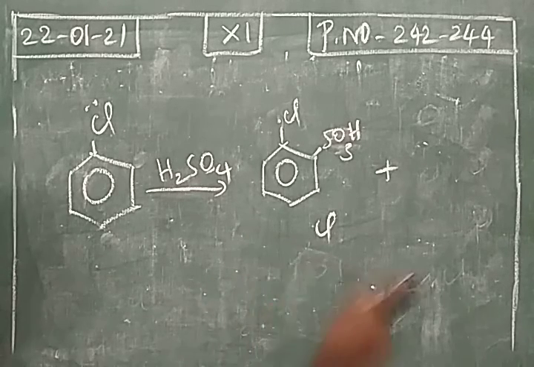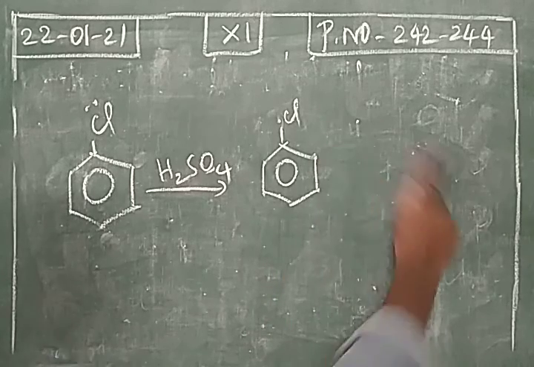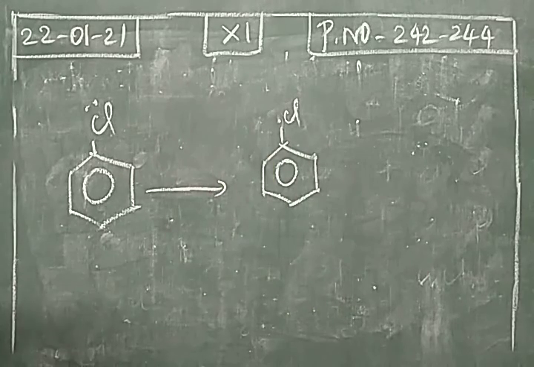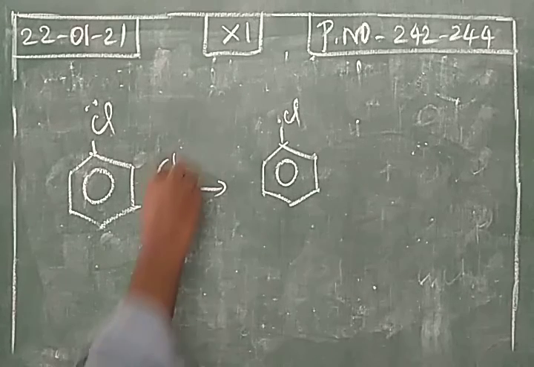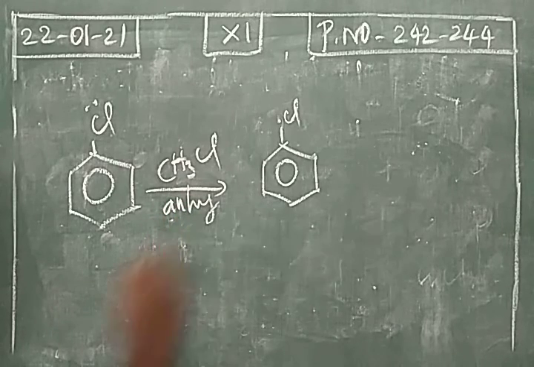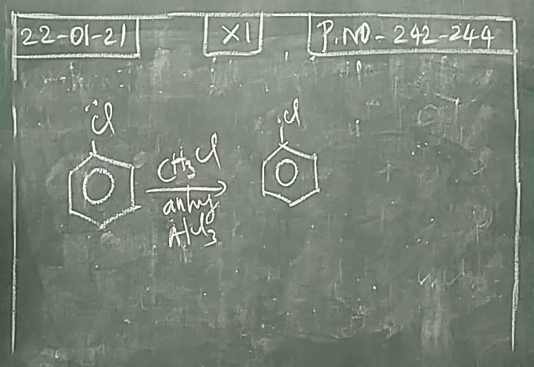Next, Friedel-Crafts alkylation. We can do Friedel-Crafts alkylation. For that, we can take any alkyl halide like methyl chloride in the presence of anhydrous aluminum chloride or zinc chloride and so on.